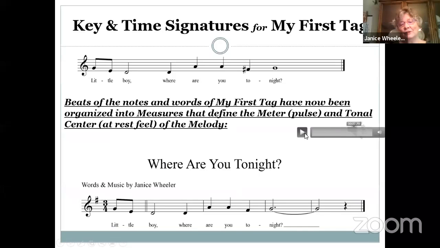So let's listen to that one more time. And notice that that last note lets us feel at rest, like it's finished.